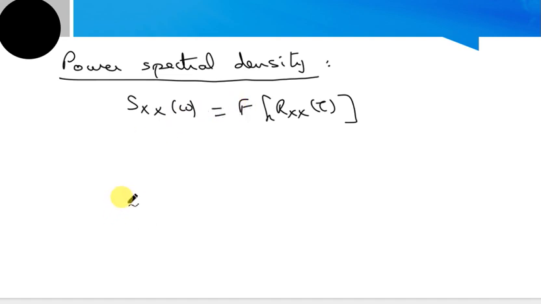After this, we move on to stationary random process and wide sense stationary random process. Before that, we need to know what is meant by stationarity. So let us look into what is meant by stationarity of a random process.